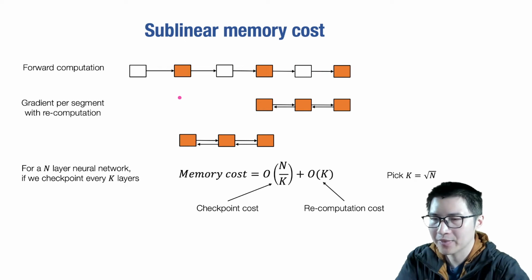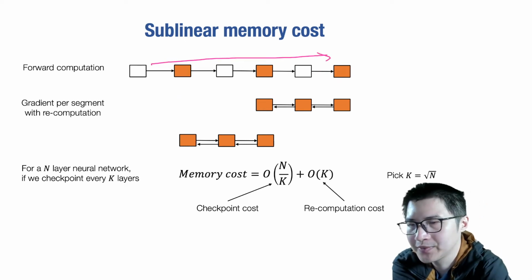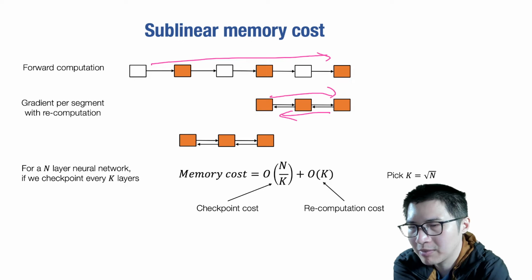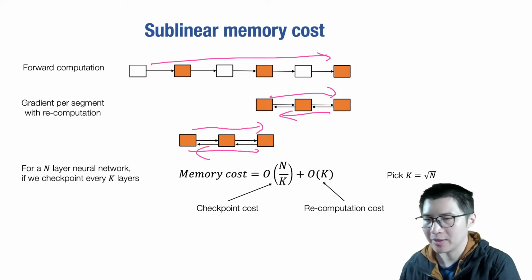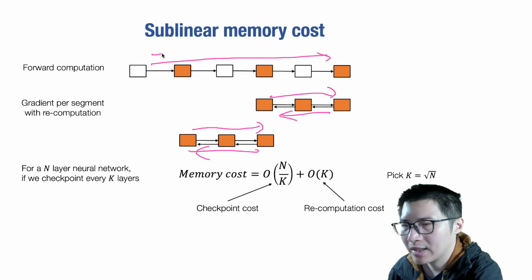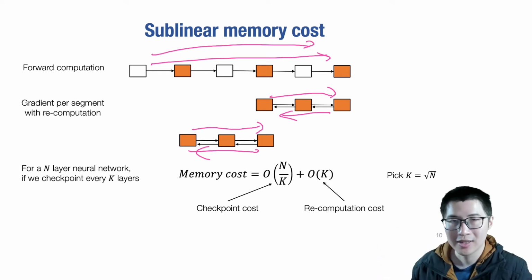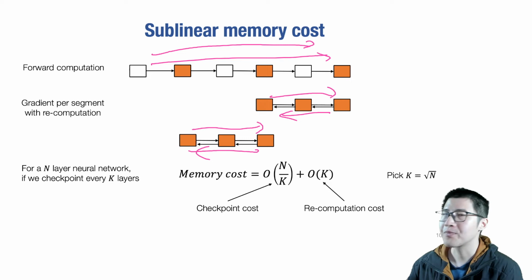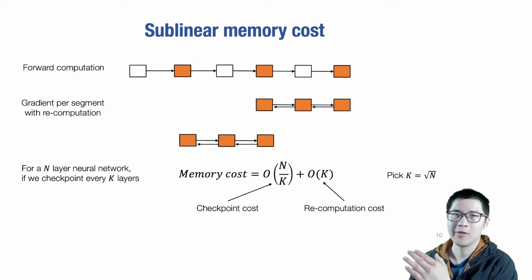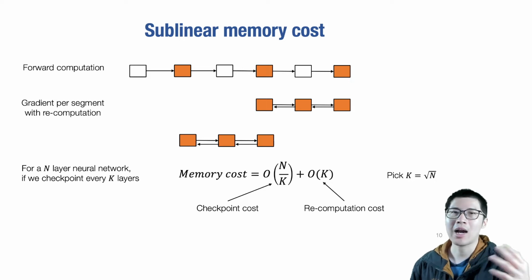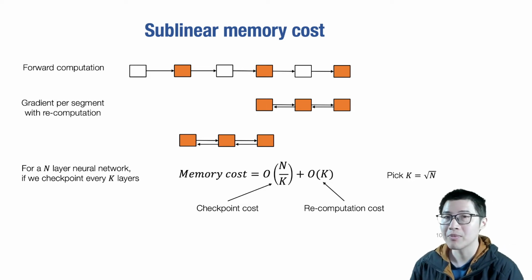But in this case, by doing one mini forward, one mini backward, one mini forward, one mini backward, you can find in total, actually, we just spend one additional cost of running the same forward computation. So normally in practice, the cost of the forward computation is about half of the gradient computations normally.